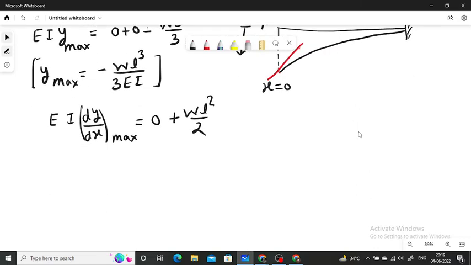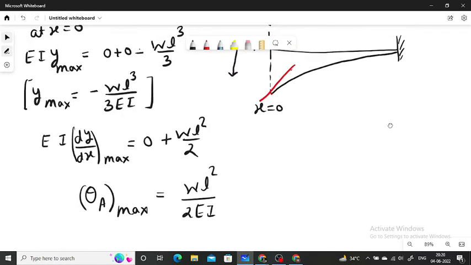So the slope at the free end is equal to WL square upon 2EI.